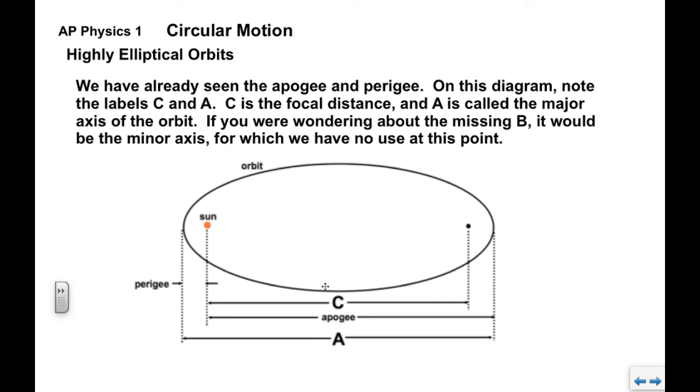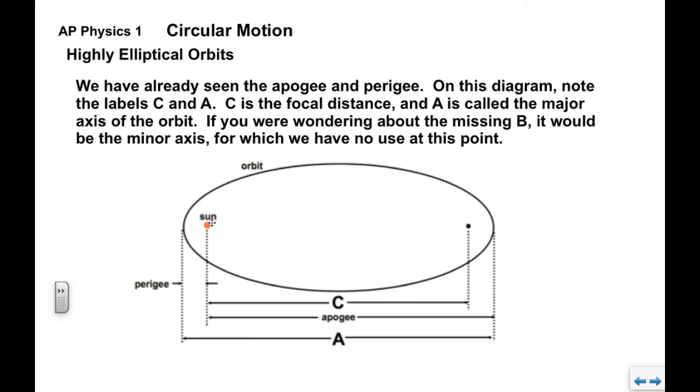We already know what apogee and perigee refer to. The apogee is the farthest point from the Sun, which is here. The perigee is the closest point, which is here. On the diagram, note the labels C and A. C is called the focal distance or the focal length, the distance between the focal points.